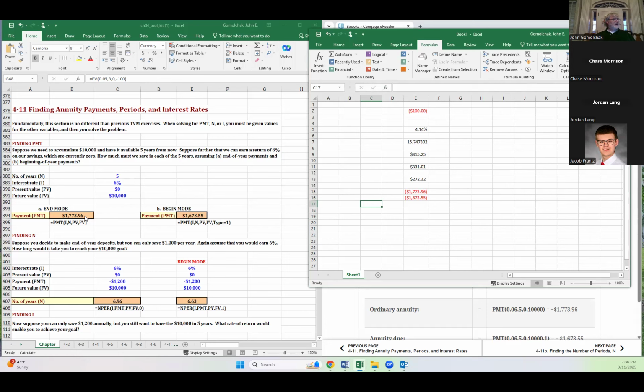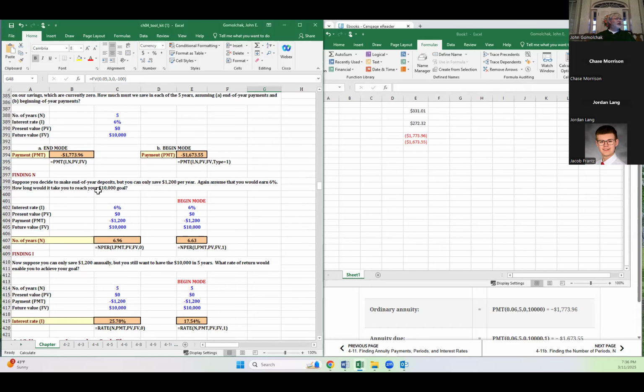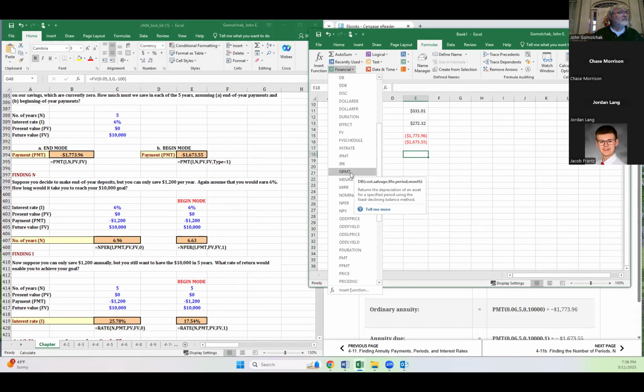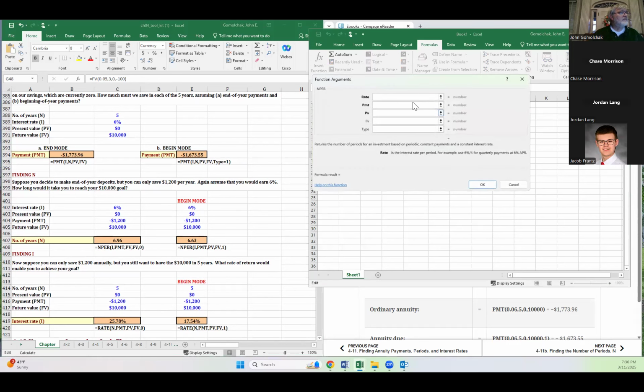All right. So if we were looking for the number of periods, suppose you decide to make your year-end deposits, but you can only put $1,200 a year, assume you would earn 6%. How long would it take you to receive your $10,000? So this is going to be number of periods. Rate, 6%.